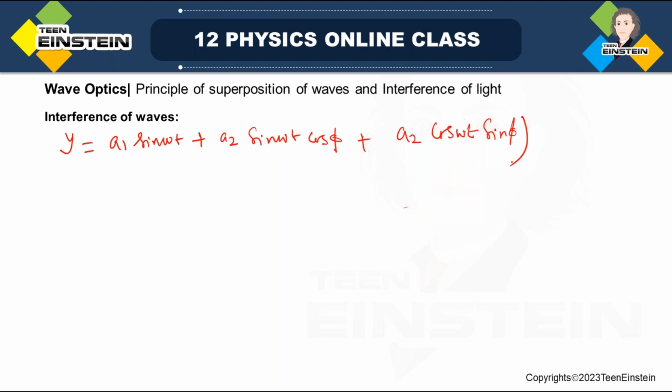Now these terms we can take common. Sine phi is not time varying, so that can be a constant term: a2 sine phi.